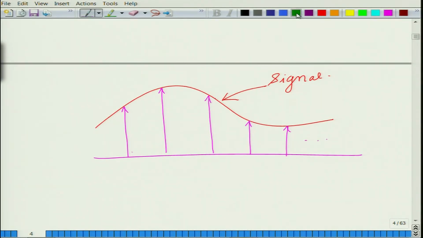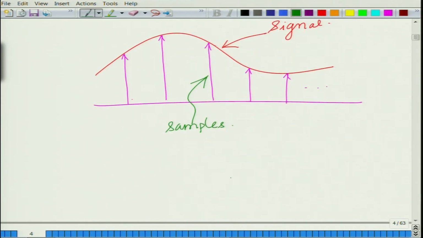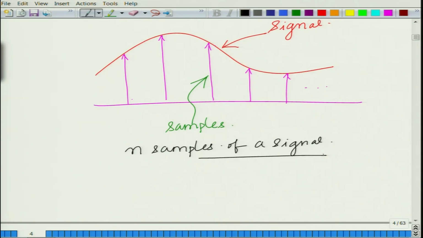So, n samples of a signal in time, or we can generally say n samples of a signal, all right. So, that will be your signal vector, all right.